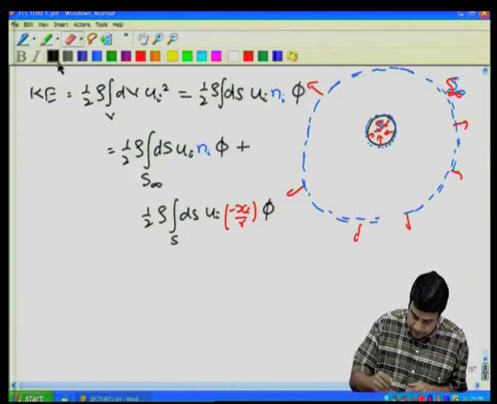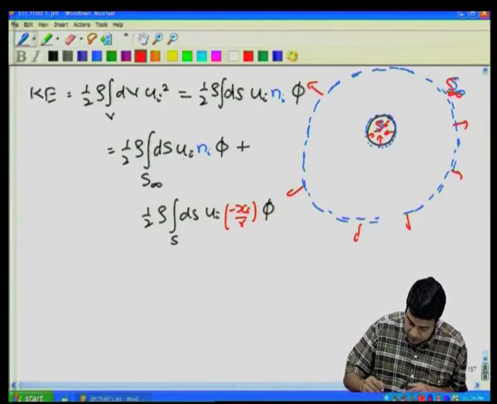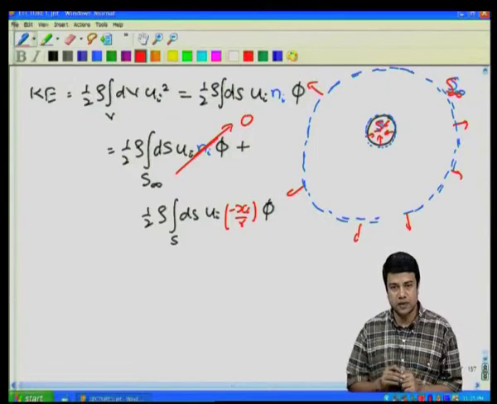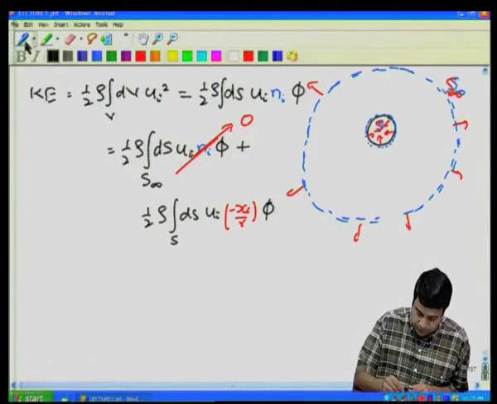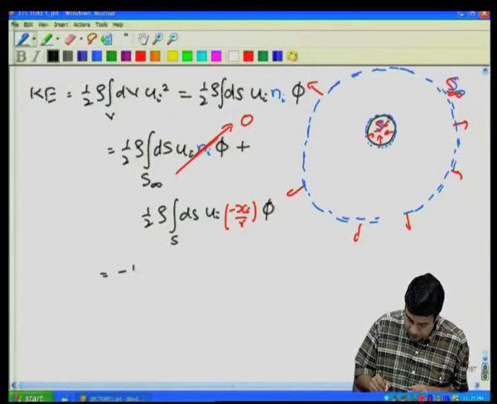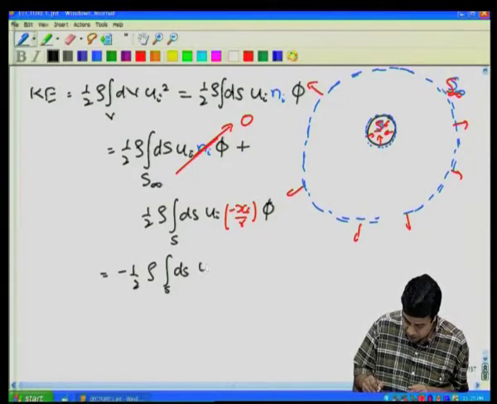So, for that reason, this contribution over the surface far away goes to 0 as r goes to infinity, and I am left with this second contribution, minus half rho integral over the surface dS u_i phi into minus x_i by r.